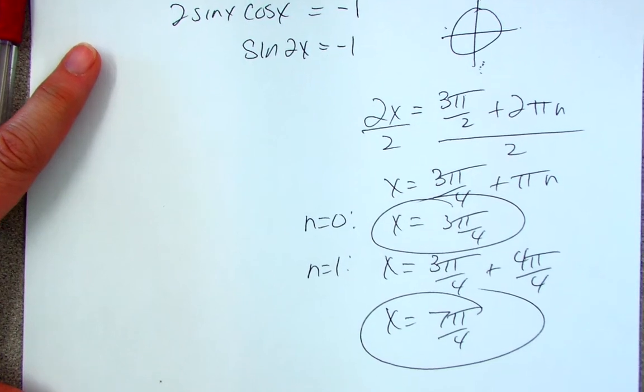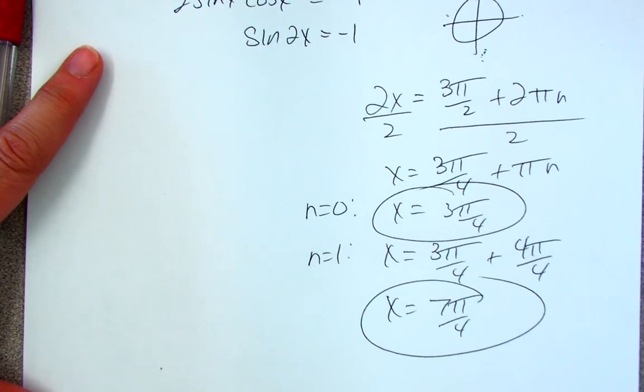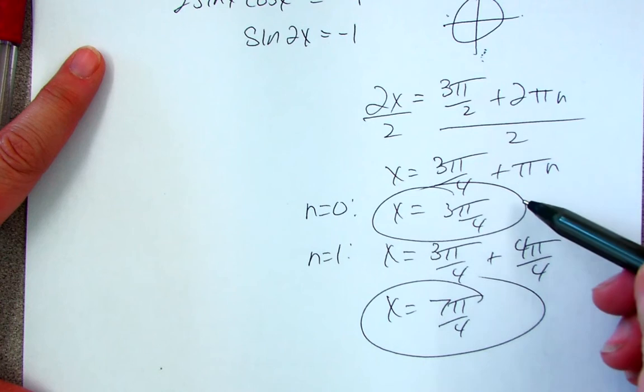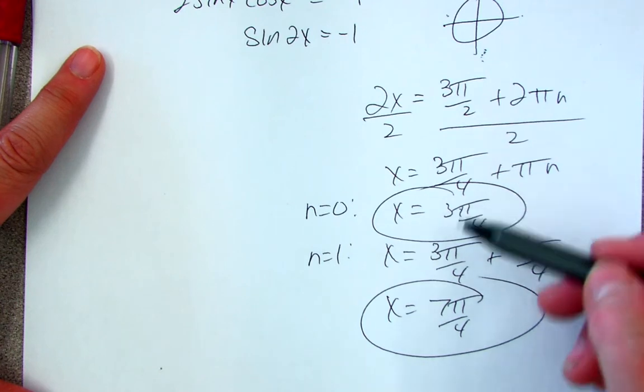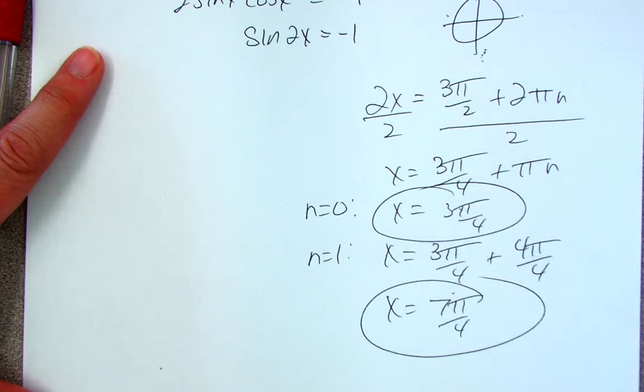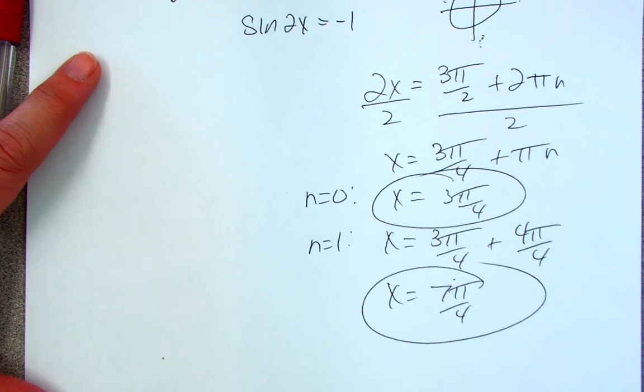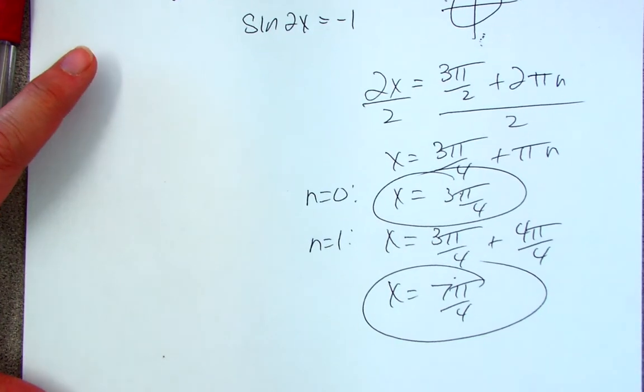If I go any further, it's going to get too large because it's going to increase by 4 pi, I mean, 4 pi over 4. It's going to be too large. So there's my 2 solutions. And it's not easy to see. Every year I sit there and stare at it and I figure I can't remember how to do it and I have to look it up and go, oh yeah, that's right.